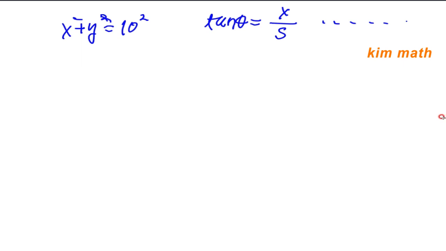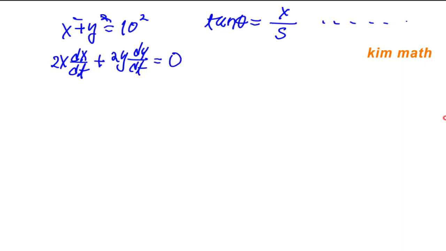If you differentiate with respect to a third variable, for example with respect to time, this will be 2x dx/dt plus 2y dy/dt equals 0, right?